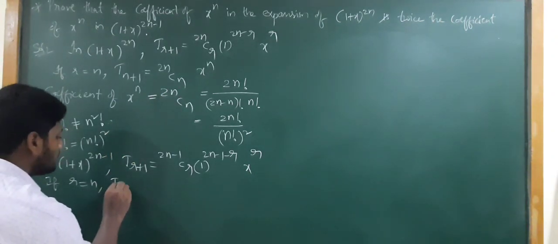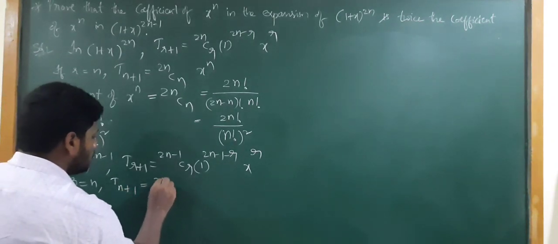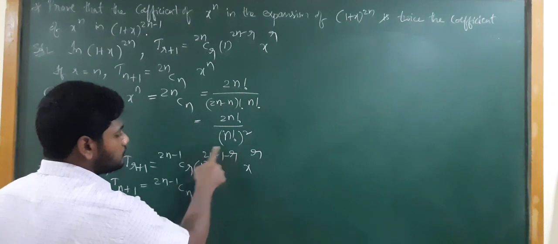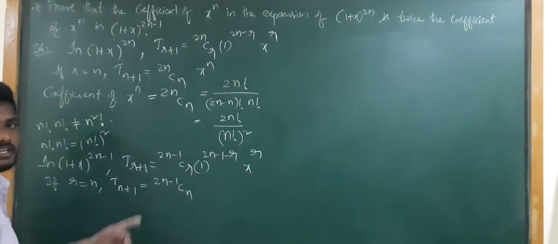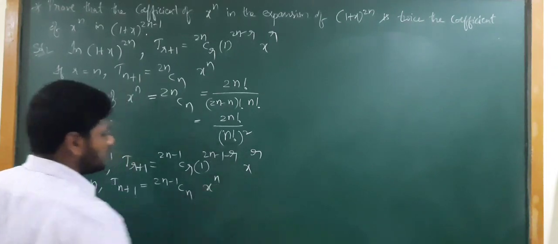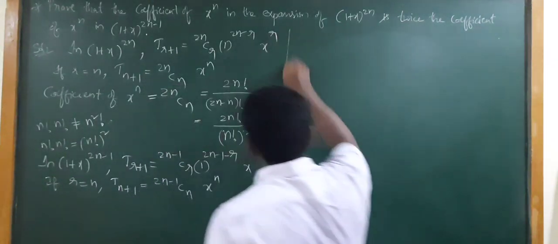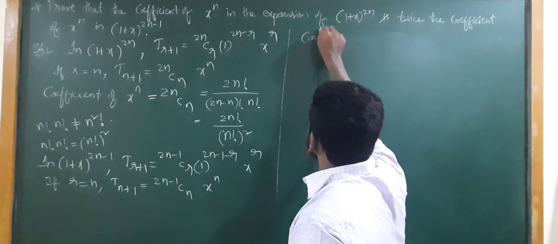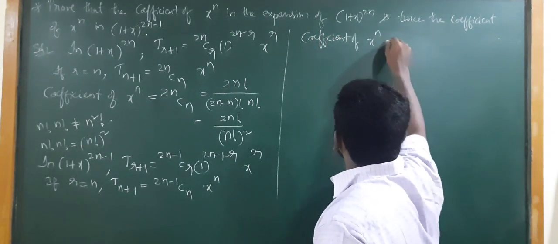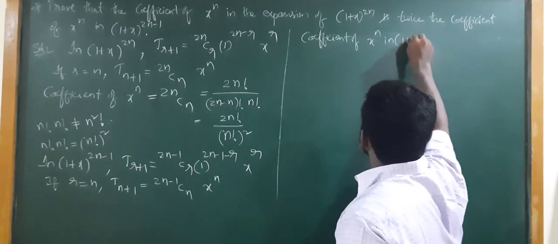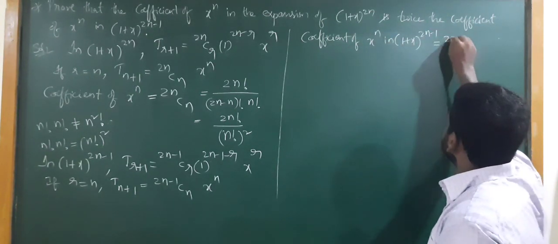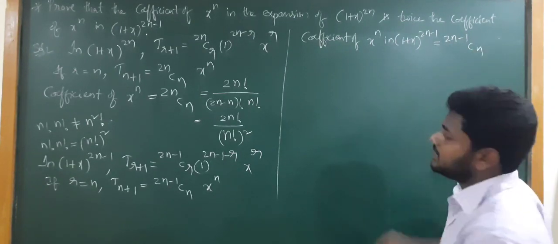Then that term will become t(n+1), which is equal to 2n minus 1 C n times 1 to the power of n, so 1 to the power of anything is 1 here, into x to the power of n. Now from this, what will we get as the coefficient? The coefficient of x power n in (1 plus x) whole to the power of 2n minus 1 is equal to 2n minus 1 C n.